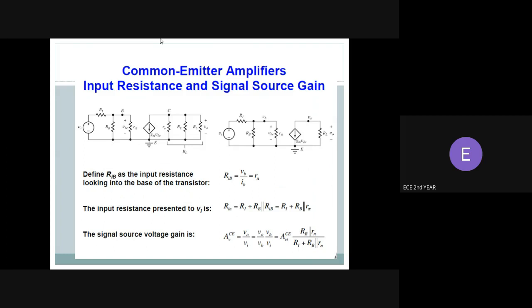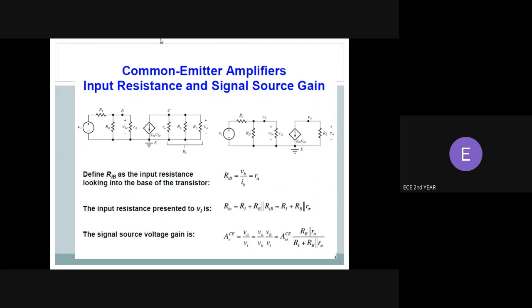RAB is equal to VB by IB, which depends upon the input voltage value and input current value, and VB by IB is equal to r pi. The input resistance presented to VA is RIN, which is equal to R1 plus RB in parallel with RAB, therefore R1 plus RB parallel r pi. So this is the input resistance presented to VA.